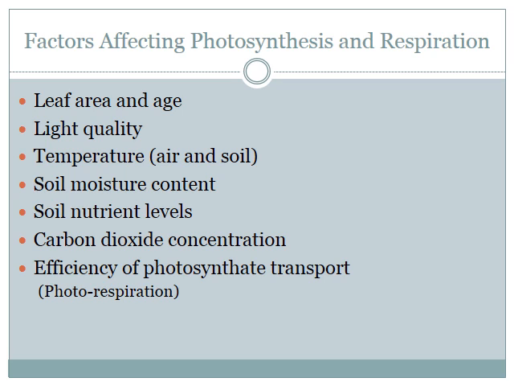Carbon dioxide is also needed for photosynthesis, so that can influence the efficiency of photosynthesis. And then the efficiency of photosynthate transport is just how well the material that was created in photosynthesis is transported around the plant. Those are all factors that influence how efficient and how active the plant is.